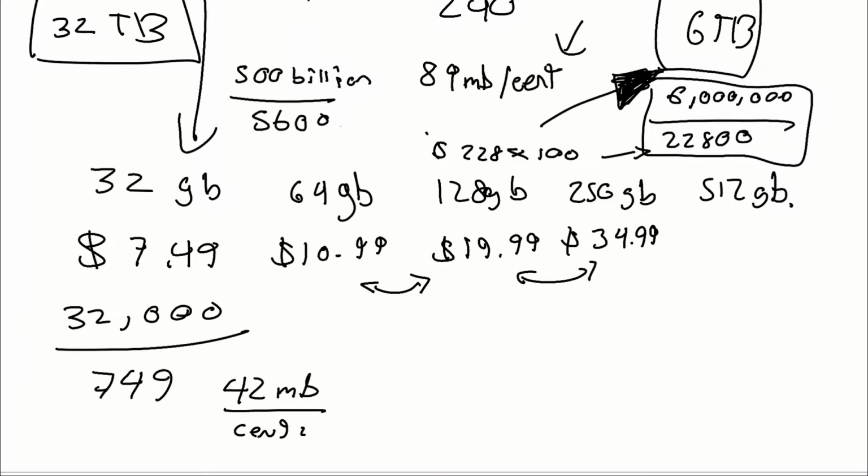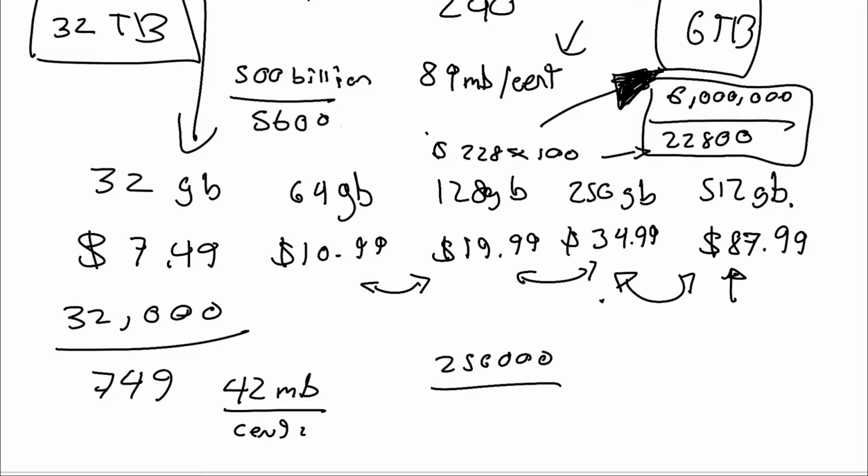And then something interesting happens for the 512. This one is actually $87.99. So it actually turns out that this one's a little bit more expensive than that one. But here, let's do the math on that. So 256,000 divided by $34.99, we'll just do 3499, so we do cost per cents. So in that case, we have 256,000 divided by 3,499.